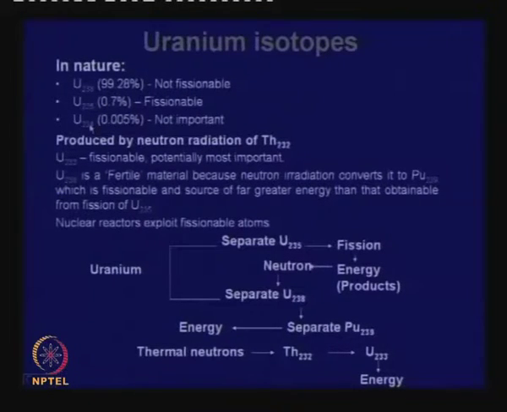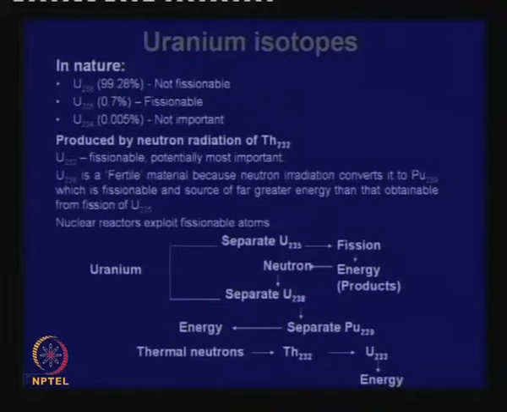There is one, U-234, which is so small in percentage you can ignore. U-238 is not fissionable, but we call it a fertile material, because it can be converted to a fissionable element, plutonium-239. So, from uranium we are getting a fissionable isotope and a fertile isotope, which gives plutonium-239.